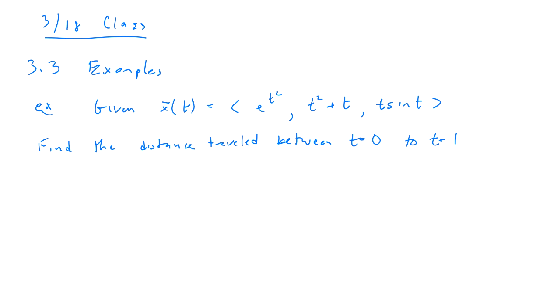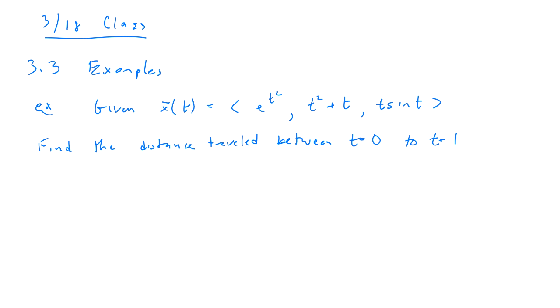I have the position function, and here I'm being a little lazy. I really mean total distance traveled, because we also have displacement, which we'll get to in a second. So what do I need to get the total distance traveled? Yes, someone said velocity, so we need velocity.